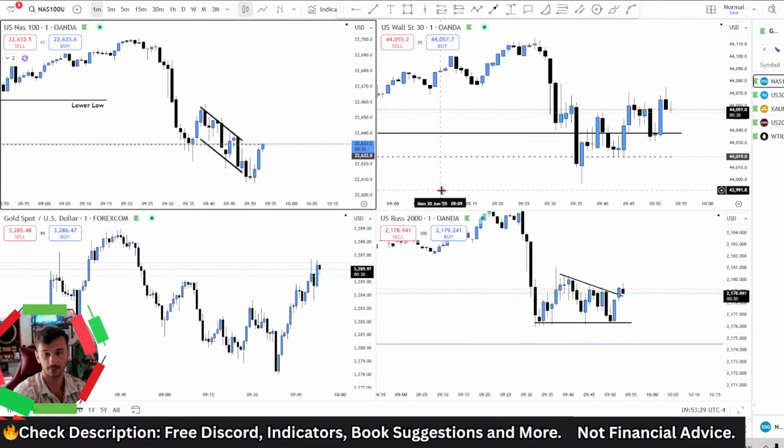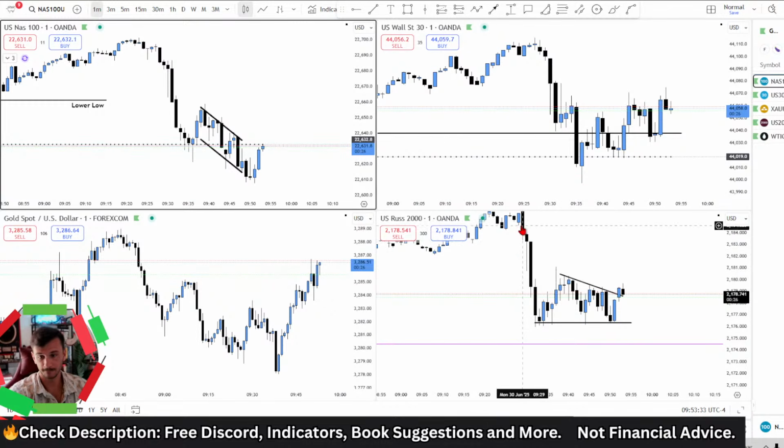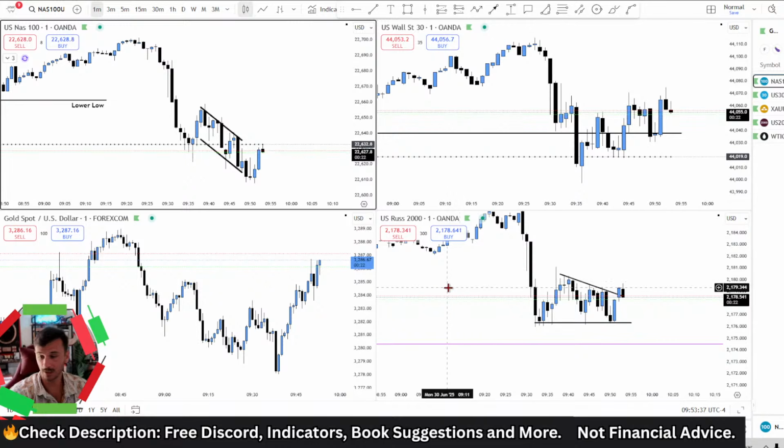It's like they dropped us into the move to get everybody shorting, and then it immediately goes back into consolidation.